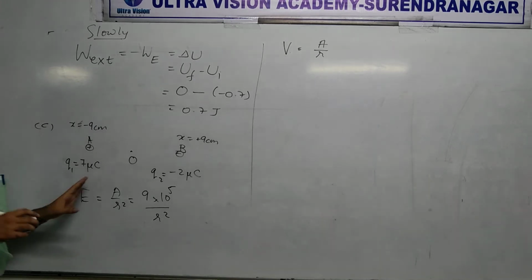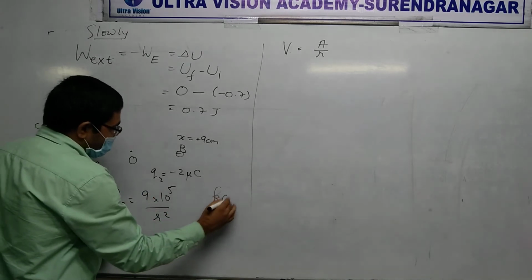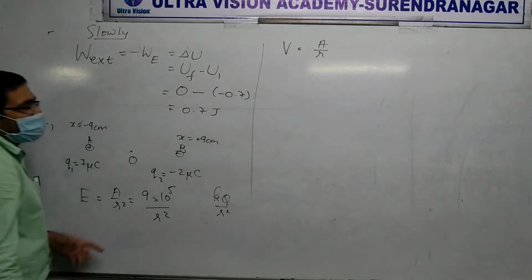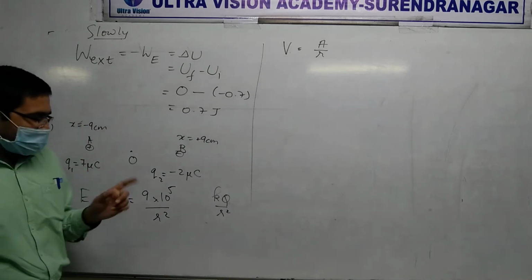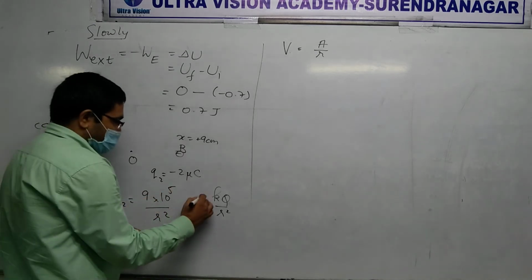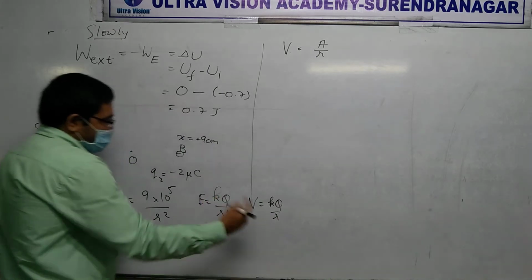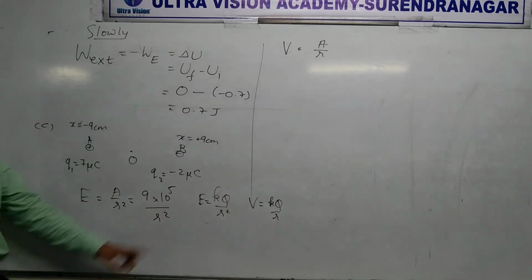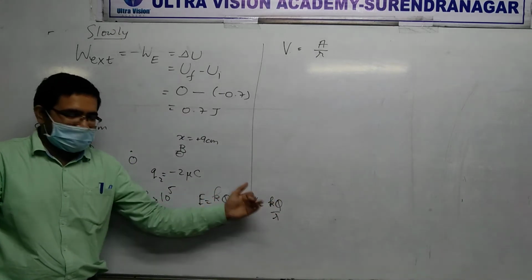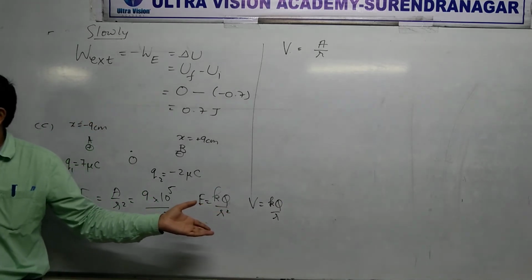Electric field due to point charge is KQ by r square. Then potential due to point charge is KQ by r. KQ are constants, no change here. Only 1 by r square becomes 1 by r. Did you understand what I am saying?